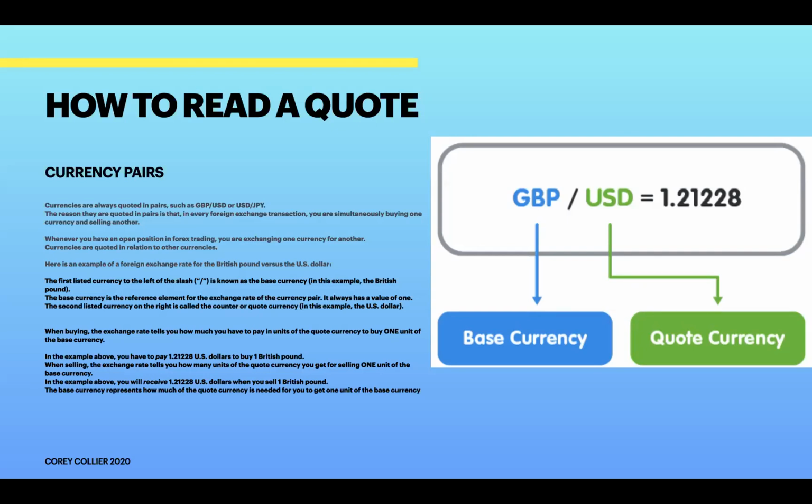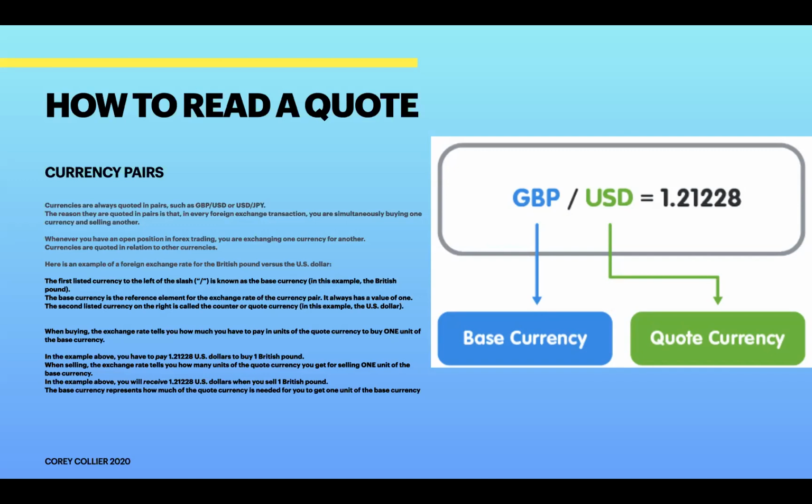So here's the example. The first listed currency to the left of the slash is also known as the base currency. That's the British pound. This is the reference element of the exchange rate for the currency pair. It always has a value of 1. Okay, so what this quote says, for 1 British pound, you have to pay $1.21 and some odd pips. The second listed currency on the right is called the counter or the quote currency.